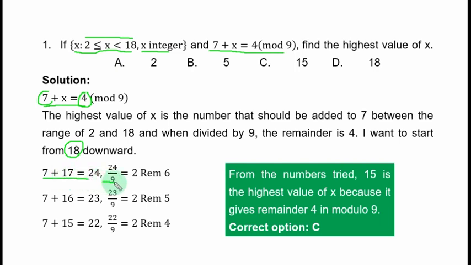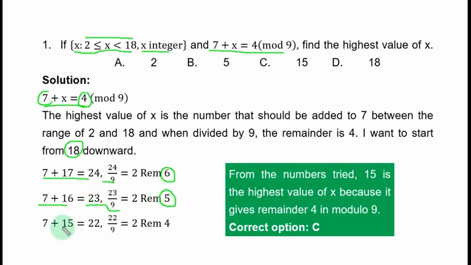Divide by 9, you have 2 remainder 6. It is not 4, so we try again. Next is 16. 7 plus 16 is 23. Divide by 9, you have 2 remainder 5. What we want is remainder 4.